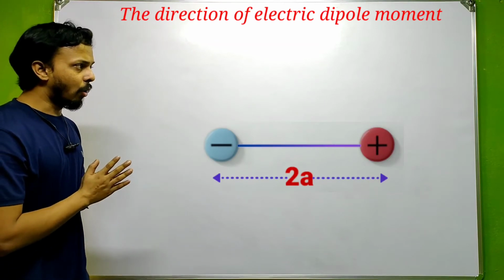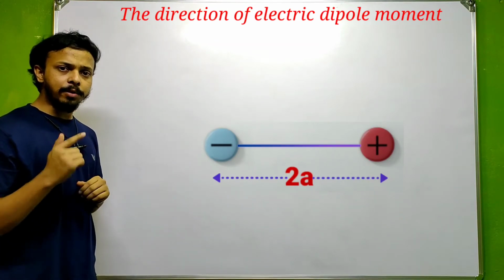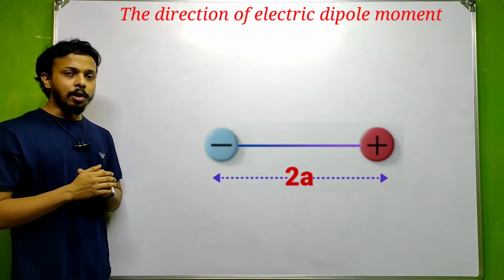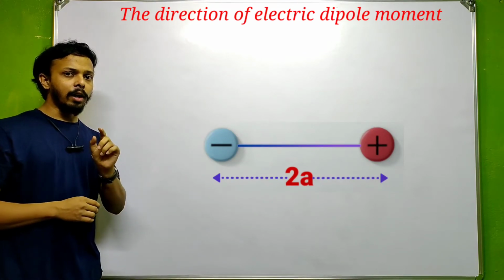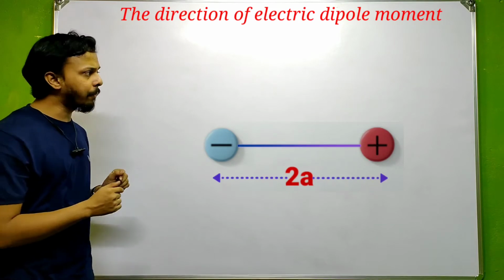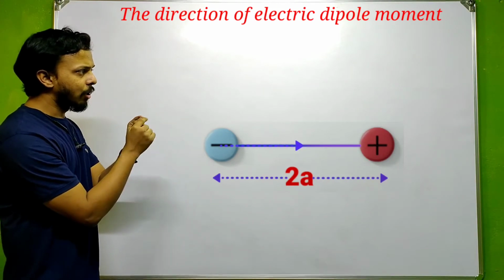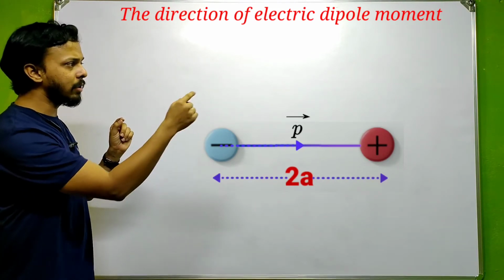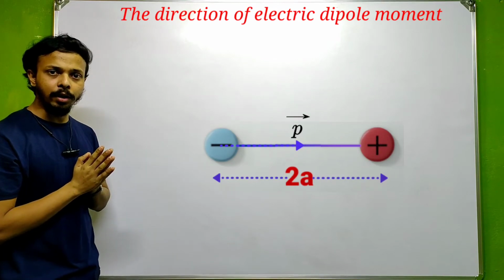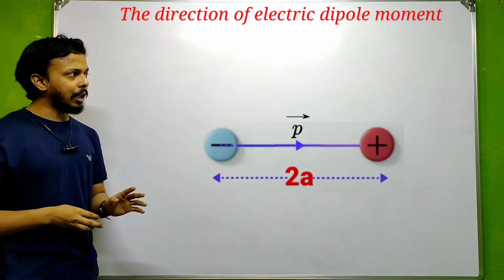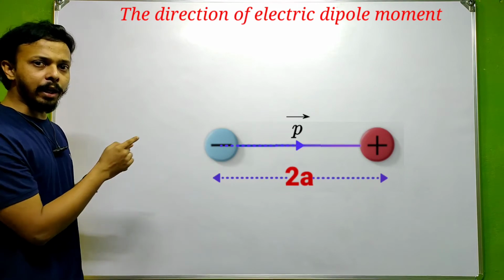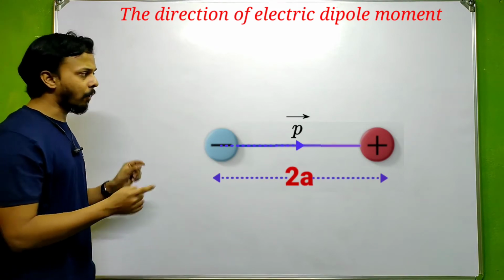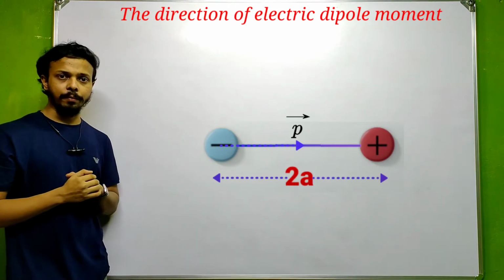The direction of the electric dipole moment is from the negative charge towards the positive charge. So in physics, the direction of the electric dipole moment P is from negative charge to positive charge.